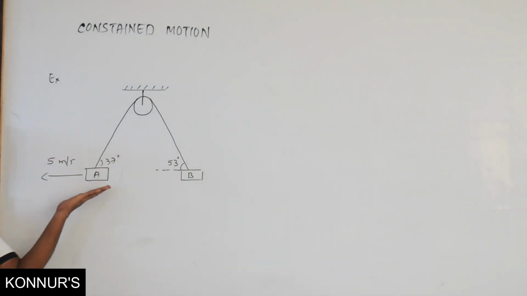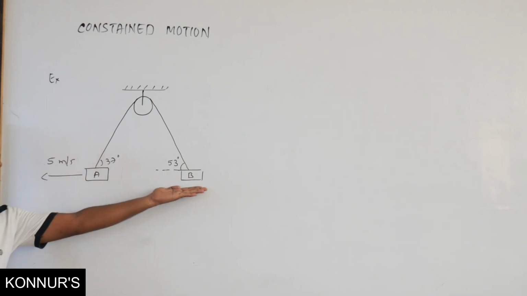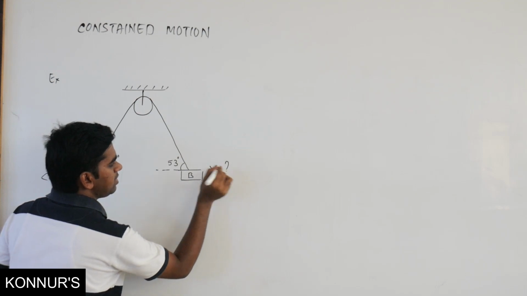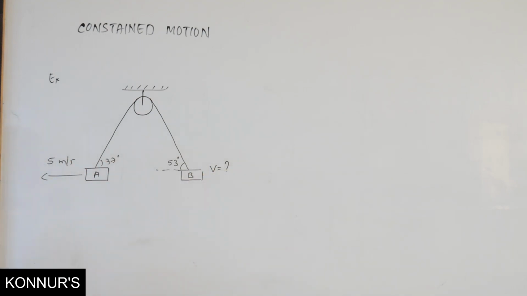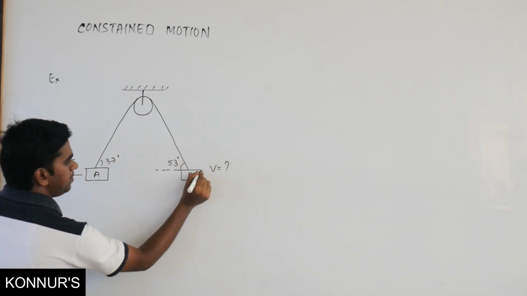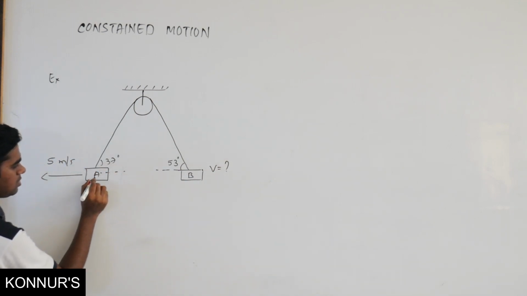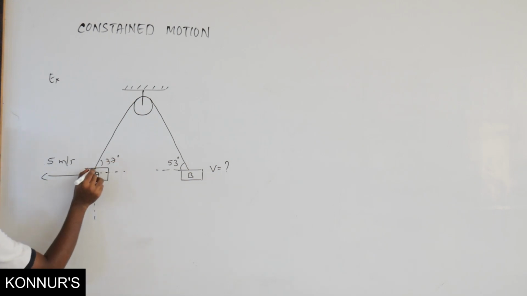Suppose this body moves here. This body will also move because of constraint motion. Say its velocity is V, and they are asking for its velocity, that is, the velocity of B. So how can we calculate this? If this is 37 degree, then this is also going to be 37 degree.